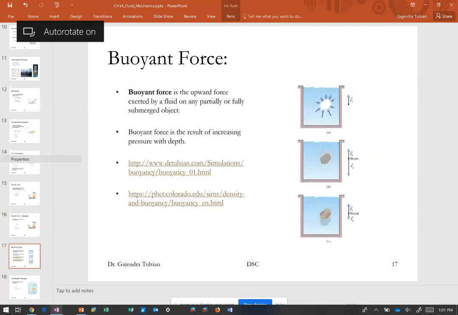Okay, and so now we'll talk about something called the buoyant force. Okay, so here's the idea.